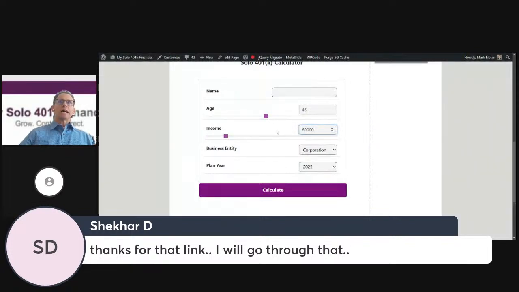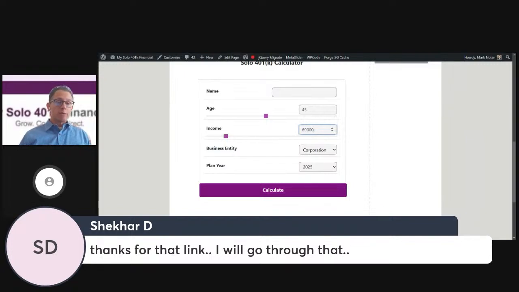This is going to be for tax year 2024, because you still have until your business tax return due date plus time you file extension here in 2025 to make 2024 voluntary after-tax solo 401k contributions. You also still have time to open a solo 401k in 2025, so that's effective for tax year 2025, so that you can make voluntary after-tax solo 401k contributions.